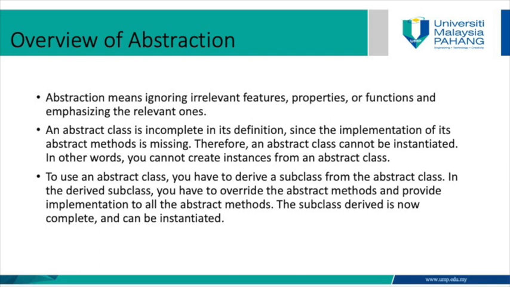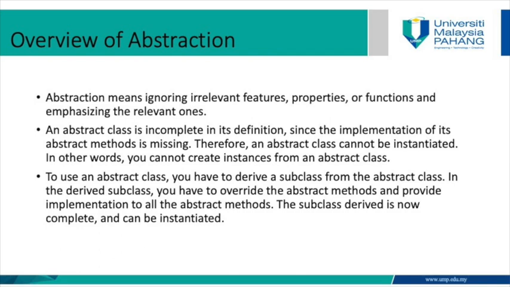Maksudnya apa-apa features yang tak penting you try to ignore, tapi you focus on the important ones. And then an abstract class is incomplete in its definition since the implementation of its abstract method is missing. Therefore, an abstract class cannot be instantiated. In other words, you cannot create instances from an abstract class.